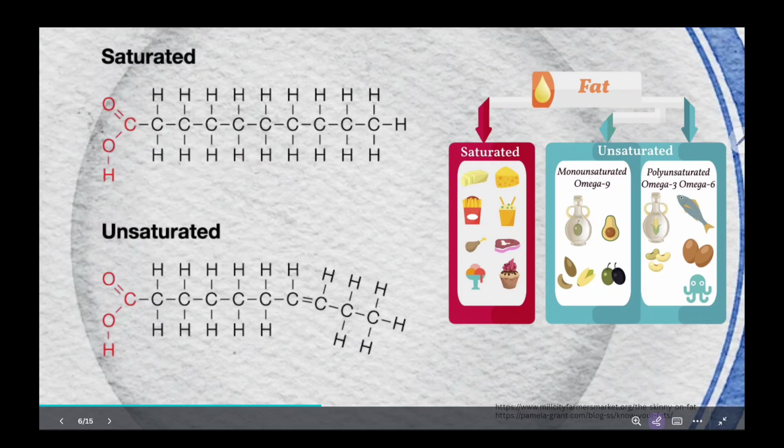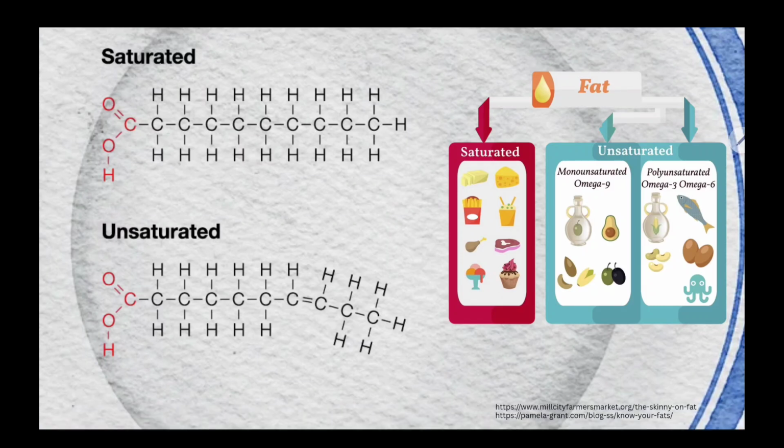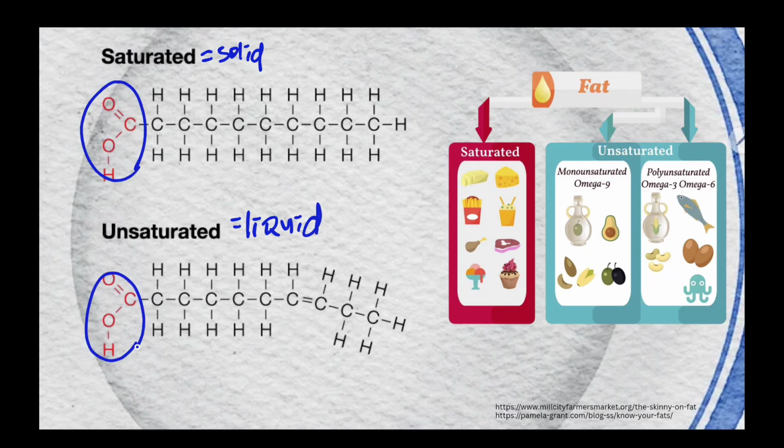There are 2 types of fats, saturated and unsaturated. Saturated is solid, while unsaturated is usually liquid. This is the normal structure of fats, and the only distinction between saturated and unsaturated is the C to C bonds. As you can see, here's just a single C-C bond, while in here, there are double bonds.